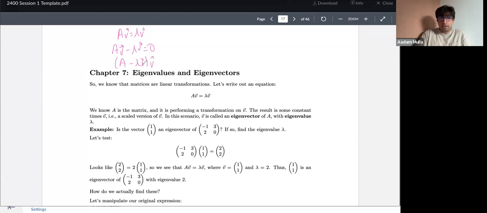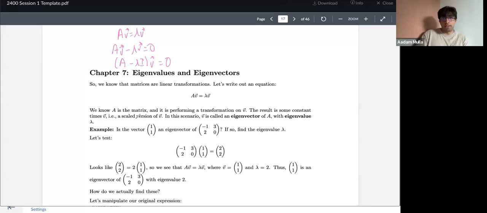You can think of it as lambda times 1. We put the identity in there because A is a matrix, it can be any matrix, but lambda on its own is just a number. So we multiply it by the identity to make the matrix subtraction work. Anyways, equals 0.